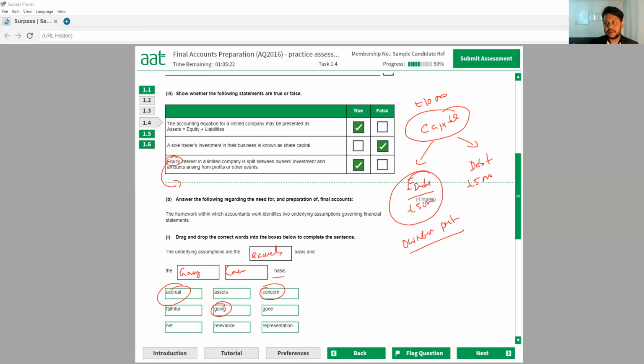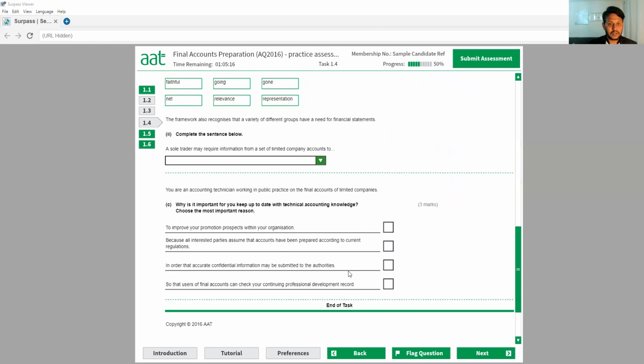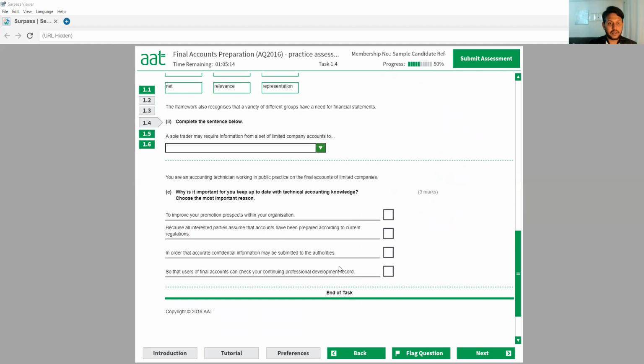All right, let's move to the next one. The framework also recognizes that a variety of different groups have a need for financial statements. A sole trader may require information from a set of limited company accounts to what?